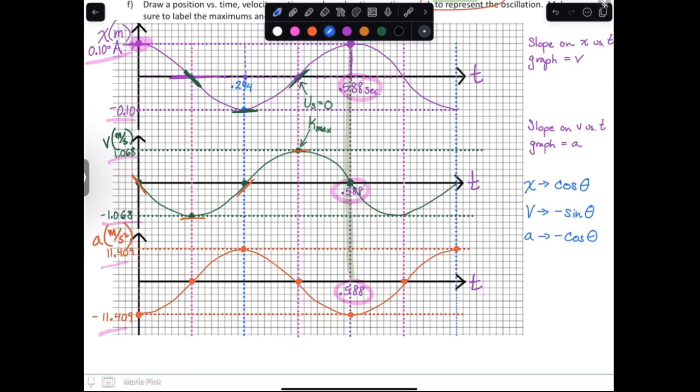Remembering that the derivative of a position versus time graph is your velocity, and the derivative of velocity is acceleration, you'll notice the derivative of cosine is negative sine, and the derivative of negative sine is negative cosine. So we can do it algebraically just looking at the slopes, or you can do it with calculus. But it's kind of fun to see it both ways.